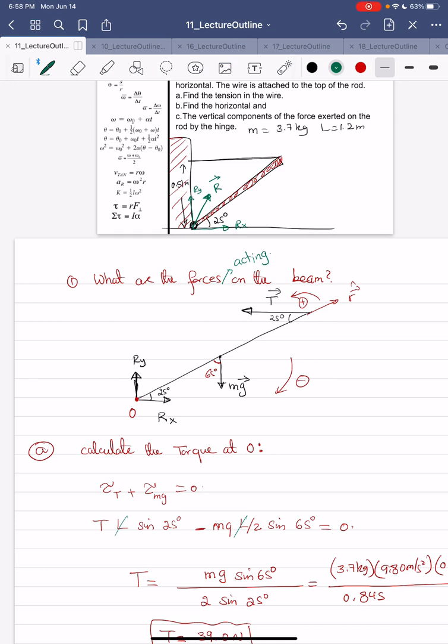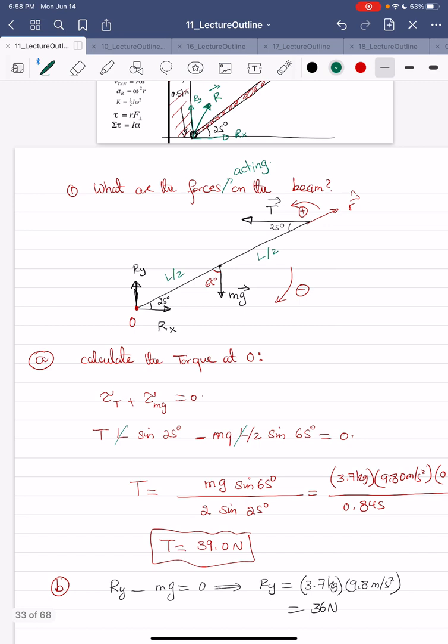If I have angles, I need to write them on the diagram. I like to do this. And usually I will say this is at L over 2. Remember, the weight, if it is considered to be uniform, is going to be acting midway. Okay?